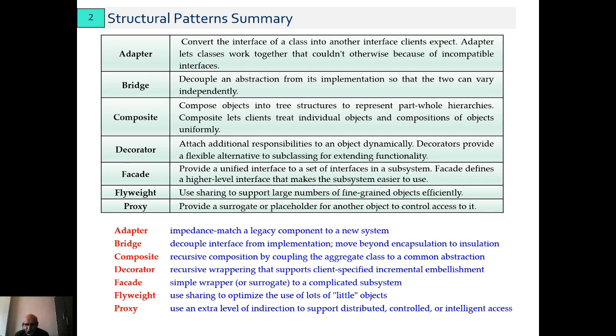Here ABCD F square P means adapter, bridge, composite, decorator, facade, flyweight, and proxy. So 5 plus 7 comes out to be 12. Still 11 are remaining. So now you just remember the short form CMOS TV.